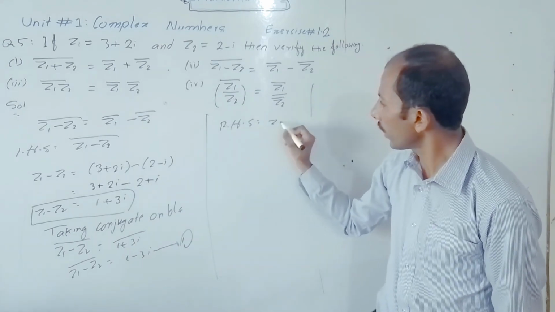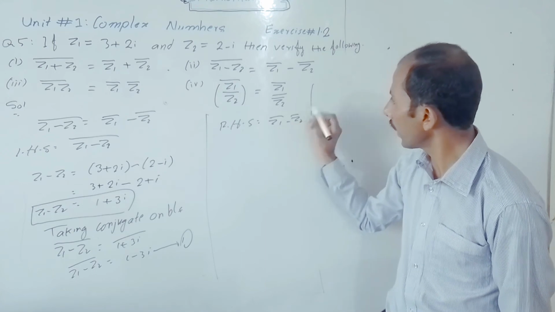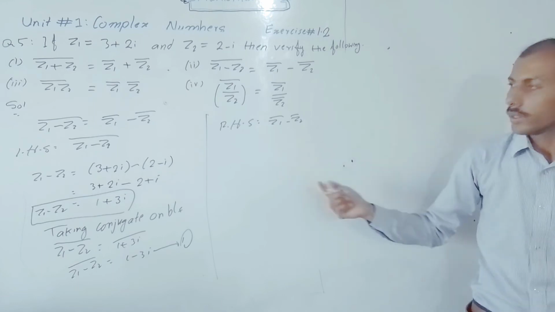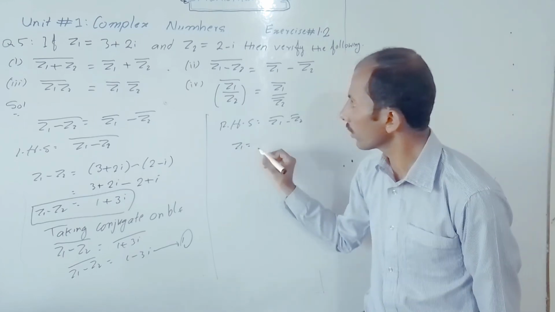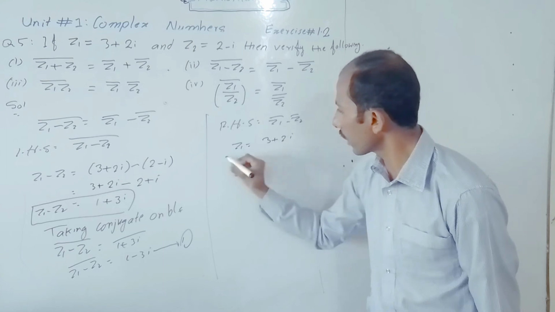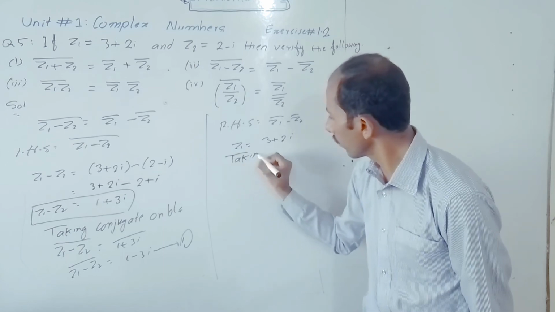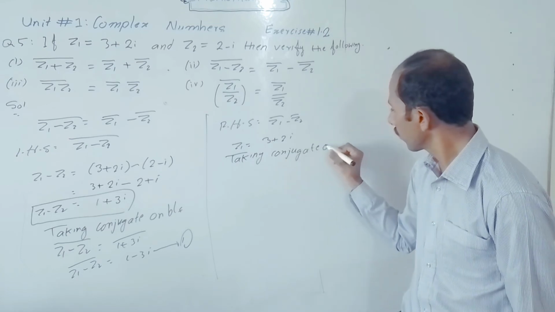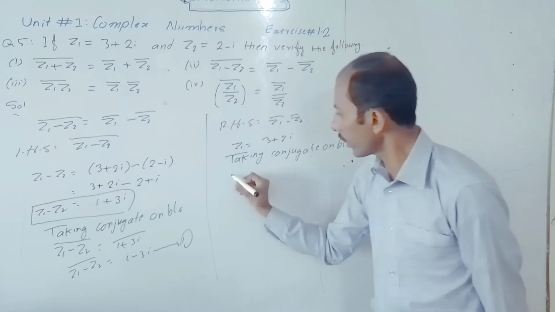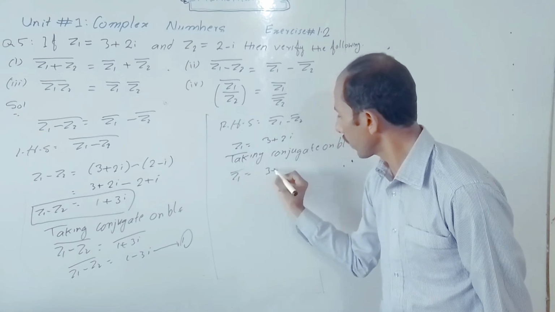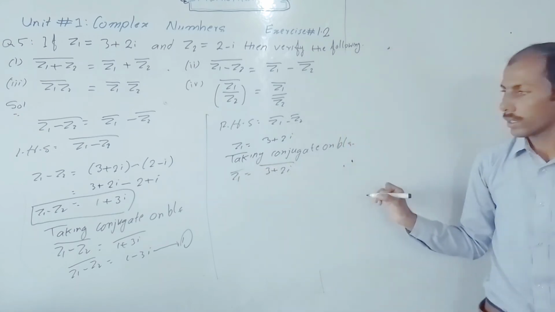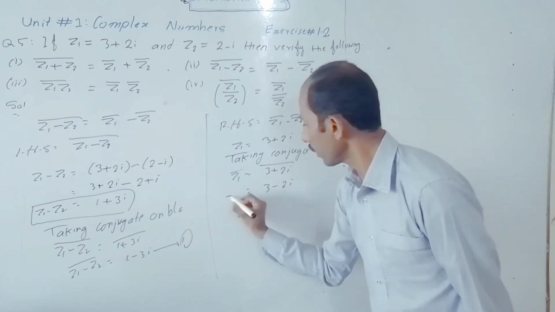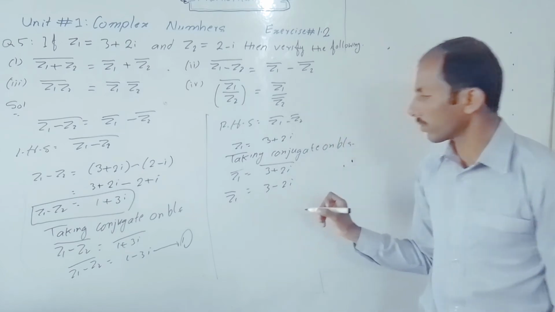So next, right hand side is equal to Z1 conjugate minus Z2 conjugate. That is, Z1 is equal to 3 plus 2 iota. Taking conjugate on both sides, Z1 conjugate is equal to 3 plus 2 iota whole conjugate, which is equal to 3 minus 2 iota.